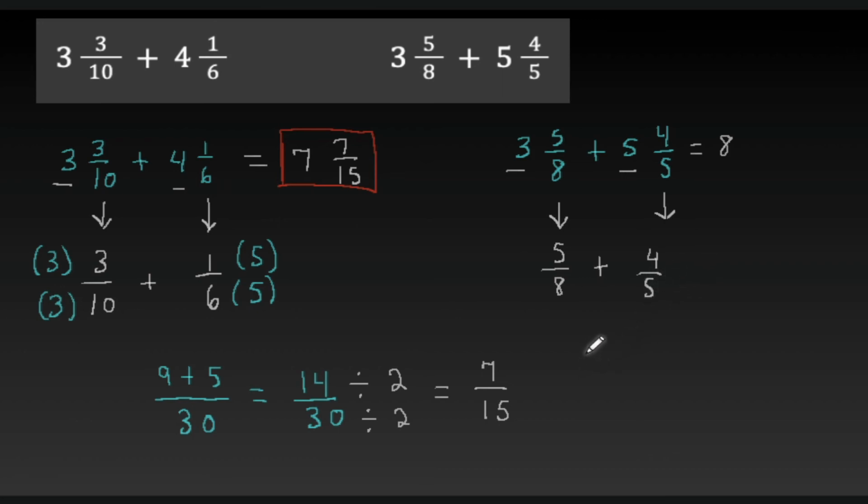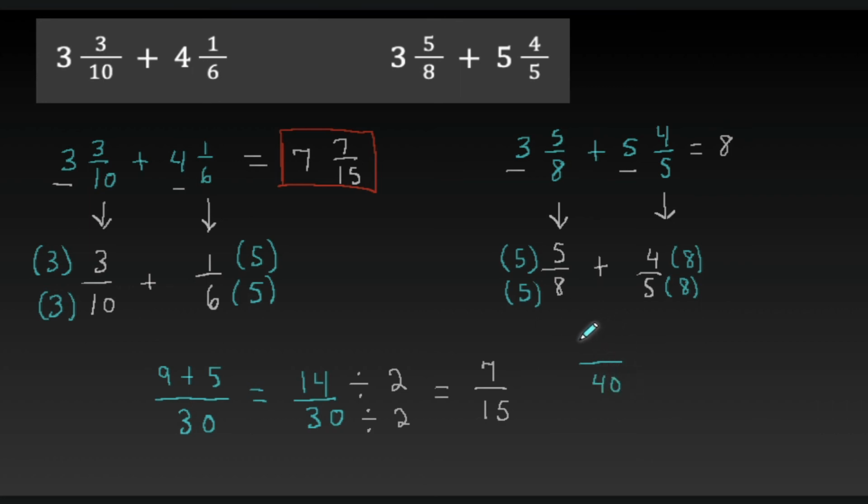So if you take a look at the denominators, they are not the same. We have to make them the same, or like denominators. So we can actually multiply 8 times 5, which gives us 40, and turn this 5 into 40 by multiplying by 8. Turn the 8 into 40 by multiplying it by 5. So we have a common denominator of 40.